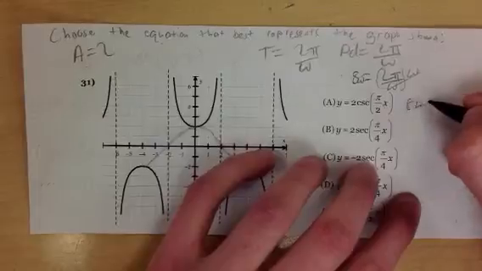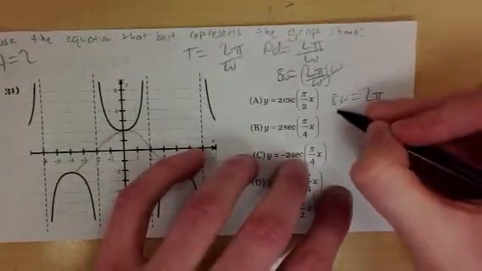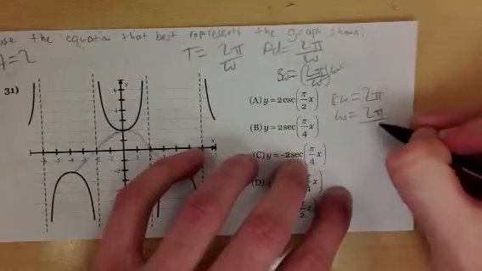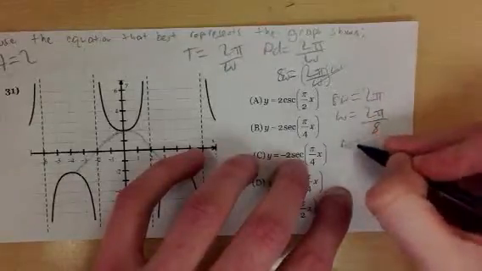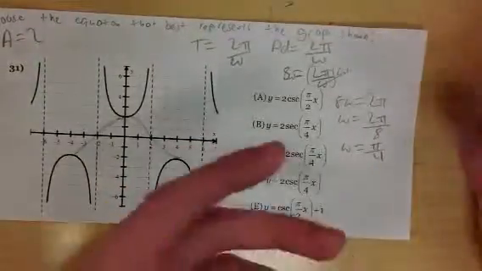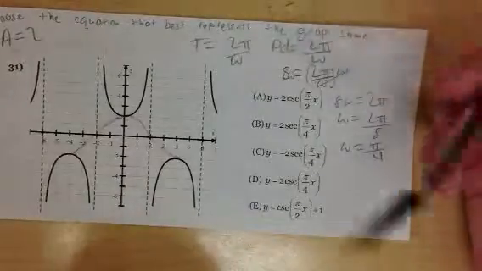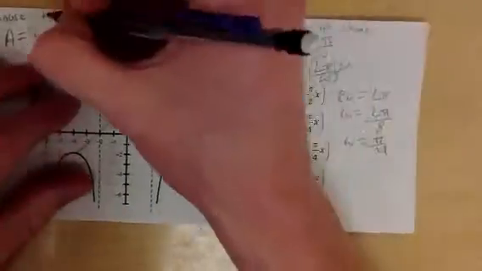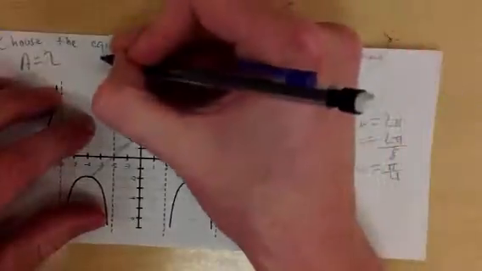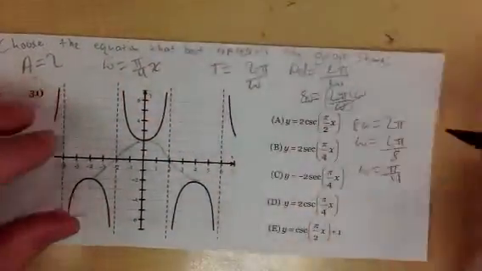So 8 omega equals 2 pi, and then omega equals 2 pi over 8. So omega would be pi over 4, and that'll be our omega.